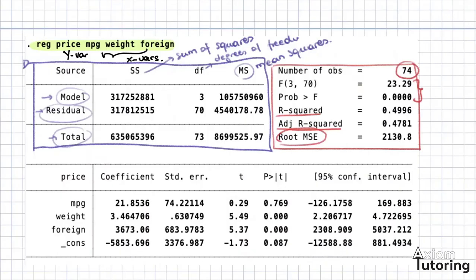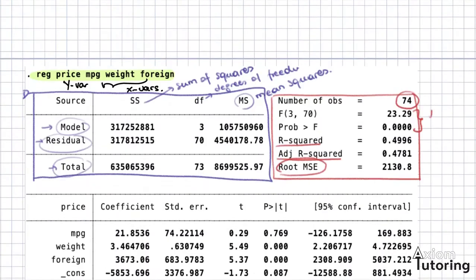Just keep in mind that the F test in this particular block is answering the question of whether the regressors taken together explain variation in price.